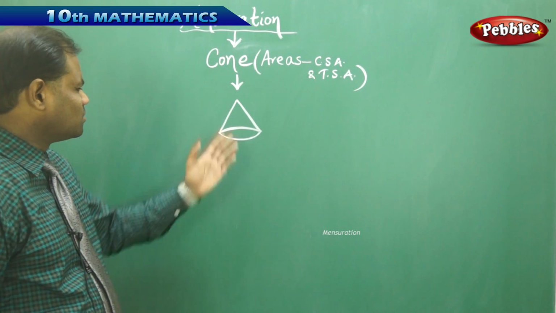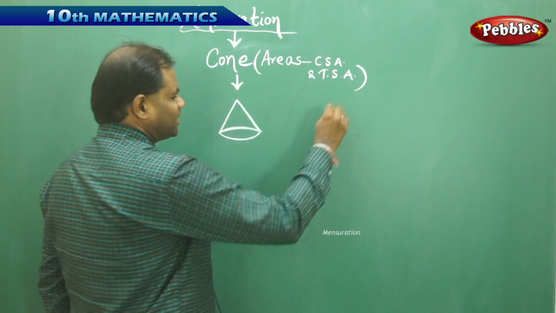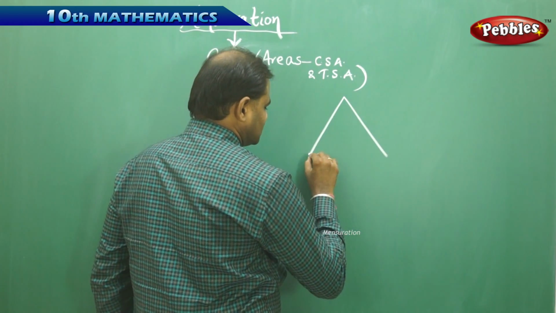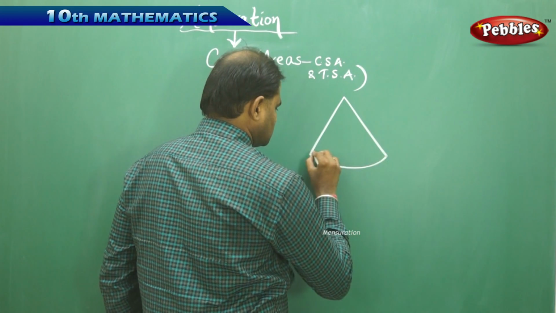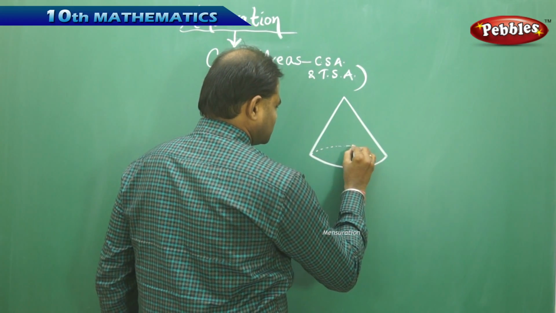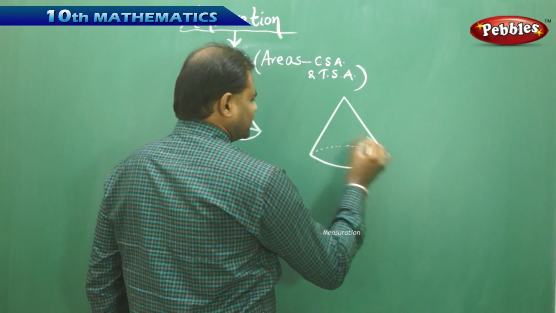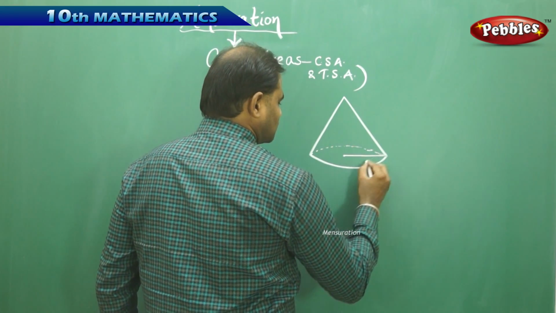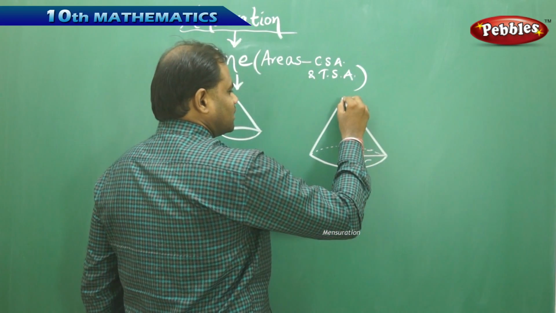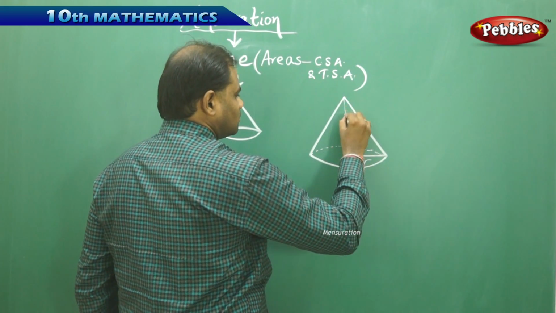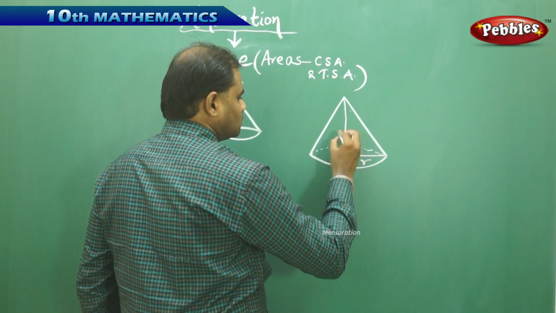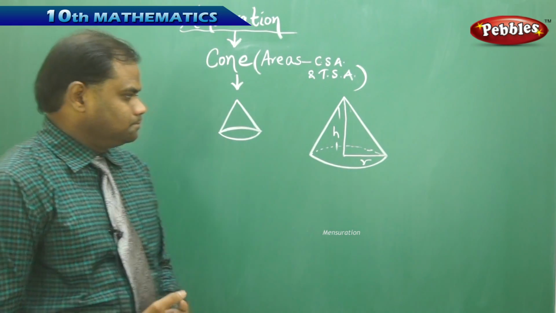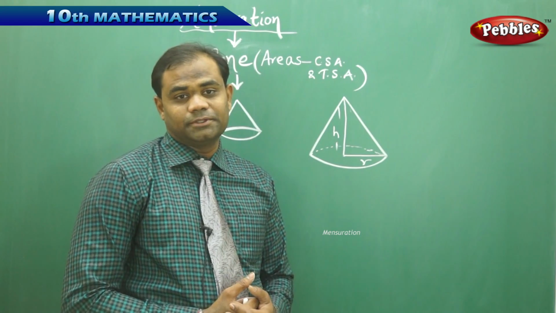So when I take this cone, and take a larger object off, then clearly I get this to be a solid cone. And here the radius of the cone is r and the height of the cone is h. This is how we have the dimensions.